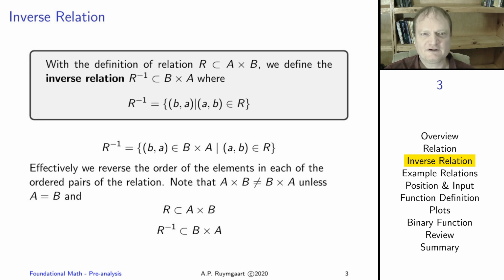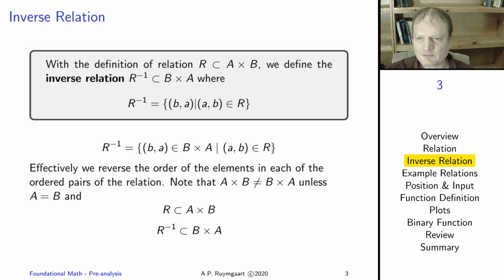And the definition is: the inverse relation is the set of ordered pairs (b, a) that are a subset of the Cartesian product B times A, given that the pair (a, b) is an element of the original relation.